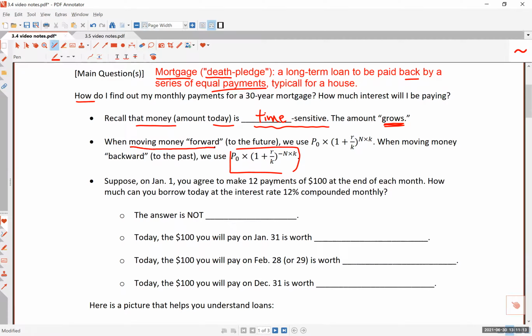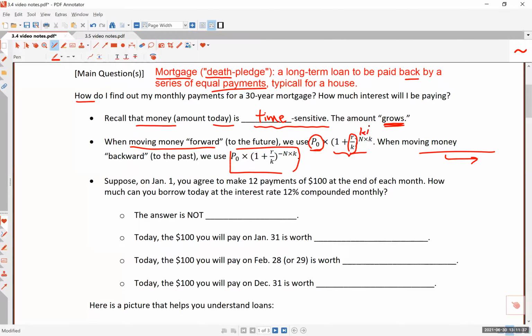When moving money forward, remember, we had formulas like this. We had P0, I guess P naught. This was our principal, and this was one of the first formulas we learned. K is the number of compounding periods per year. R over K is the rate per period, remember? And actually, I'm going to make a little change here.